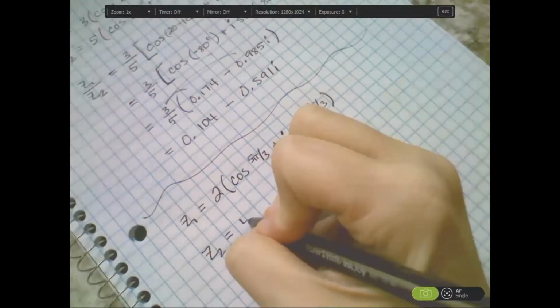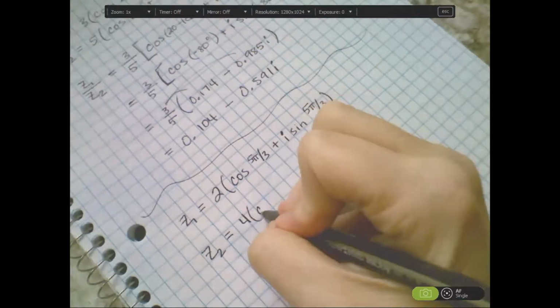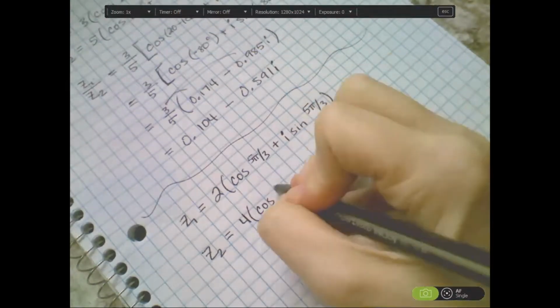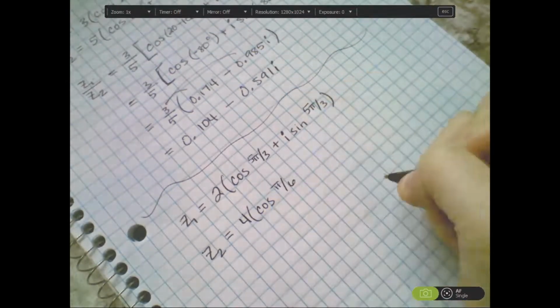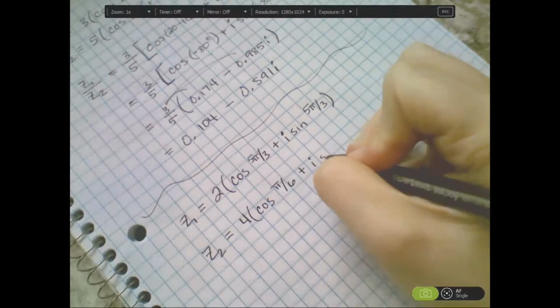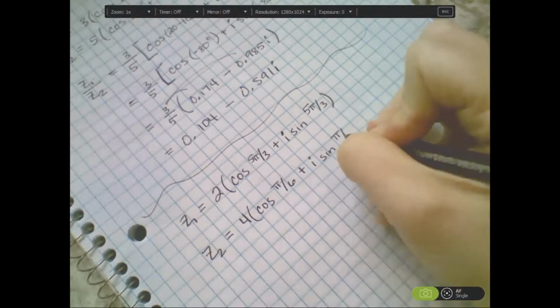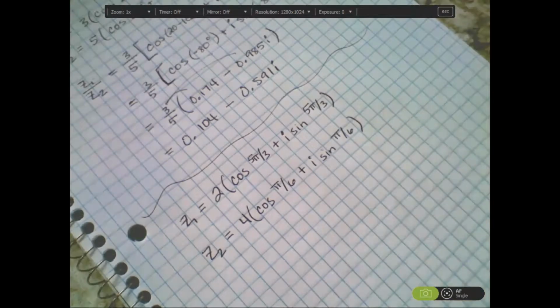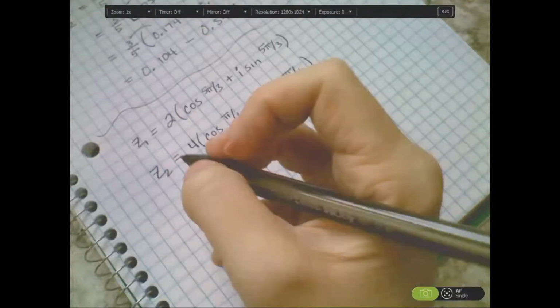And then 4 cosine pi over 6. Okay, so I'm going to go through the multiplication and the division. If you want, you can pause the video and do both of them and then watch and see how you did.